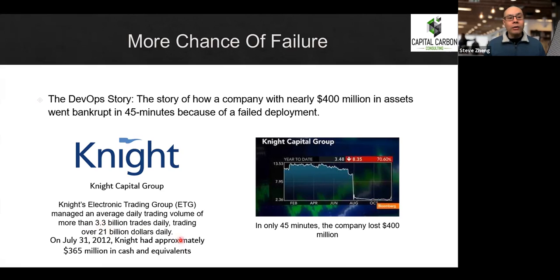From the chart on the right side, you can see the stock price dropped sharply on August 1st. You might be curious what happened to them, what happened on that day. Let's find out.